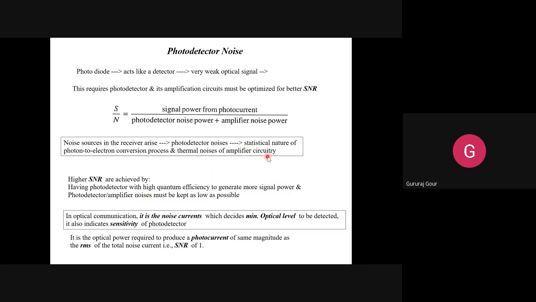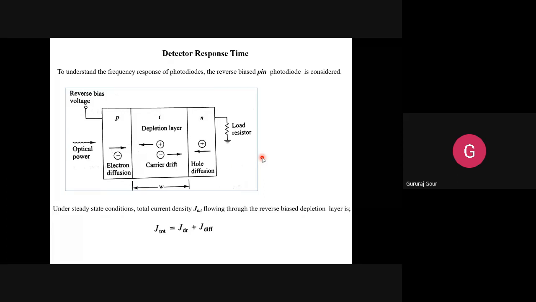In the detector response time, the response time depends on the carriers which are generated in the P and N regions by the diffusion process, and also depends on the carriers which are generated in the depletion region by the drift.